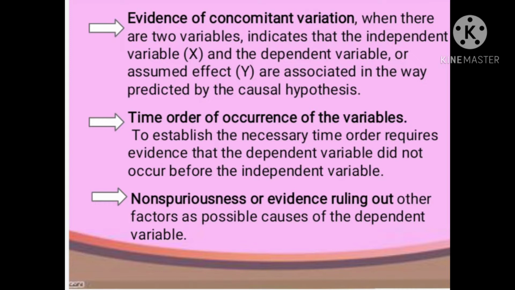The second basis for inferring a causal relationship between two variables relates to the time order of occurrence of the variables. To establish the necessary time order requires evidence that the dependent variable did not occur before the independent variable. The third basis for inferring a causal relationship is non-spuriousness, or evidence ruling out other factors as possible causes of the dependent variable.